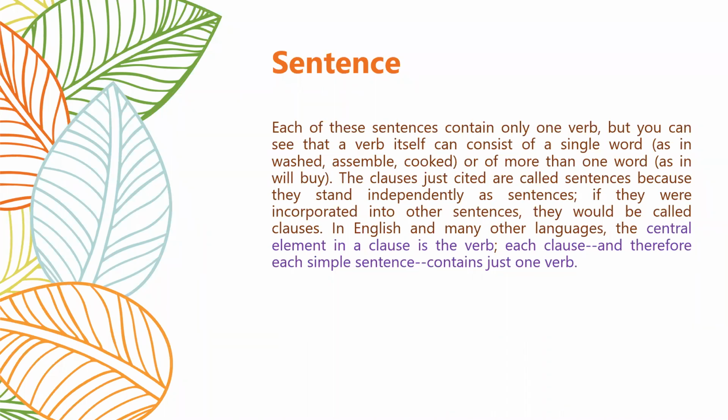So are is one verb, listening is another verb. So it can be a combination of two verbs. That is another way to look at the simple sentence. There can be more than one verb, but at least one subject and one verb should be there to be a simple sentence.